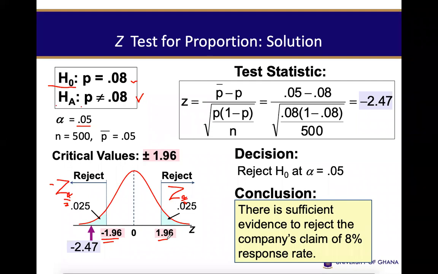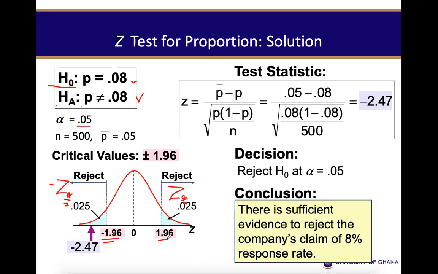So you should be able to know which z score would correspond to these values of alpha, so that you don't always go back to the table, especially if we are working under time constraints.